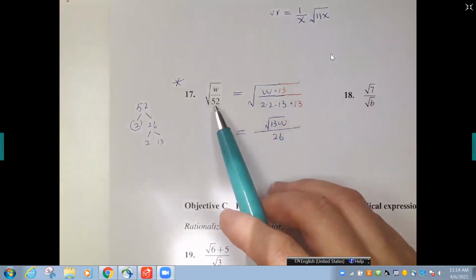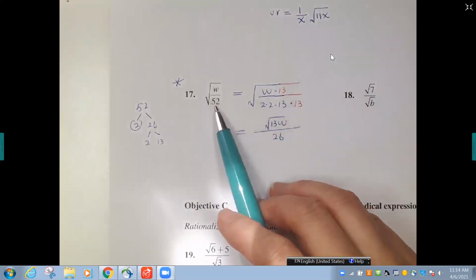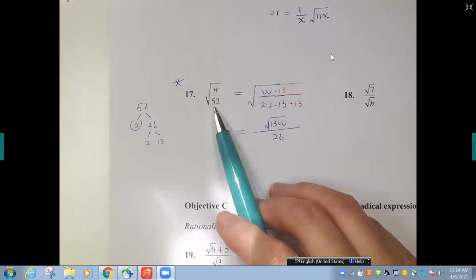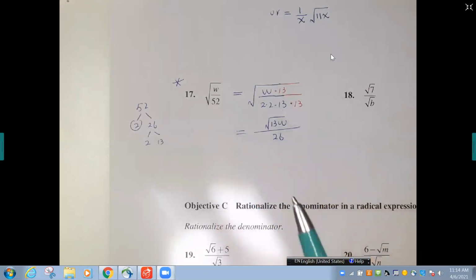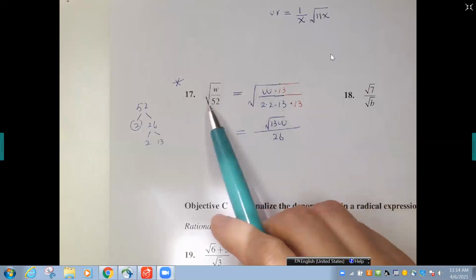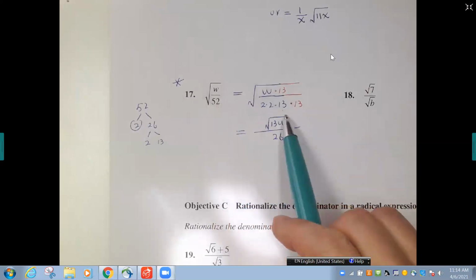If we have a number on the denominator, do not rush to multiply the number. We have to factor the number first, then multiply the smallest number. Then turn the denominator into a perfect square.